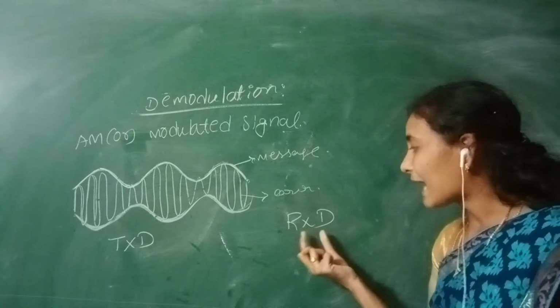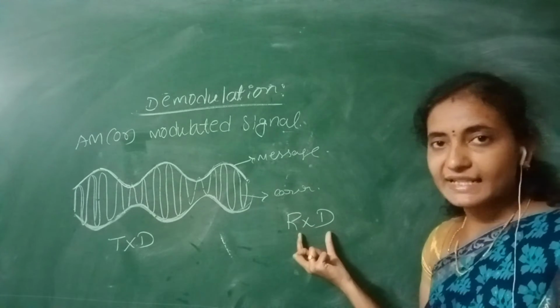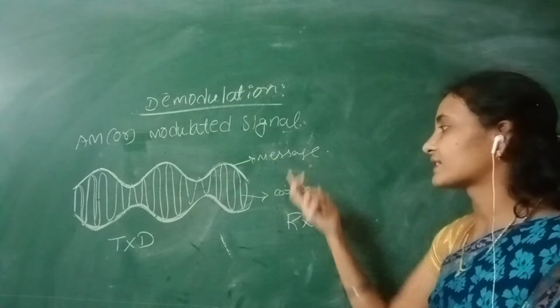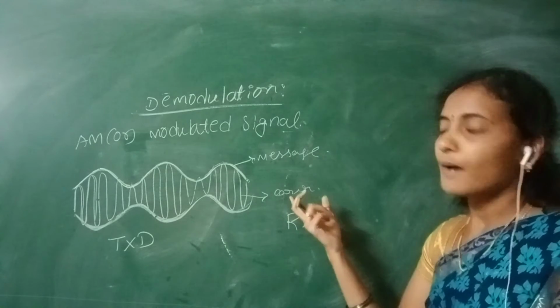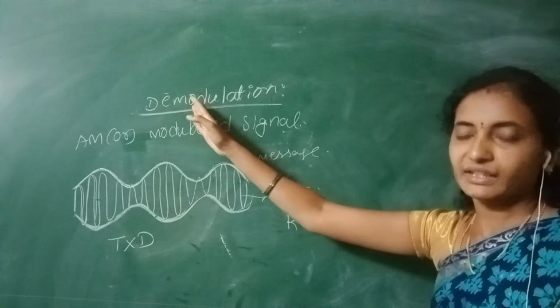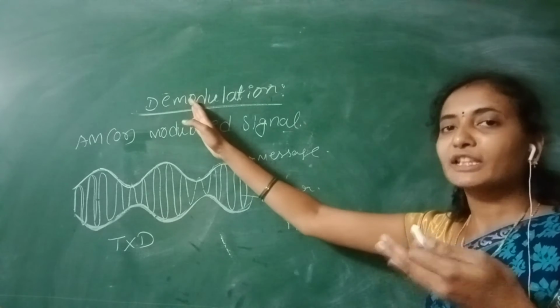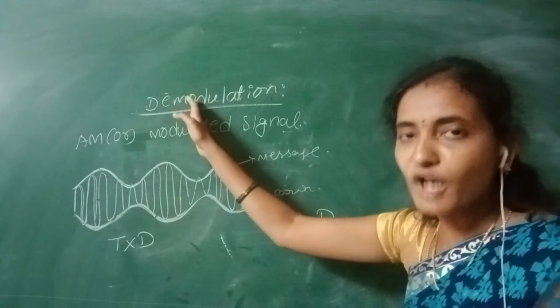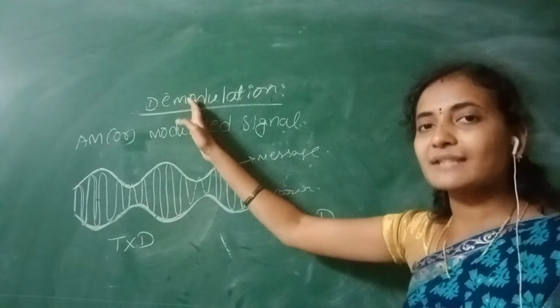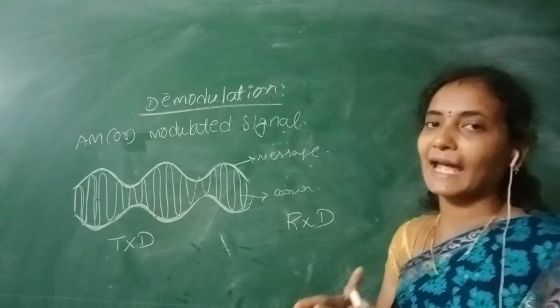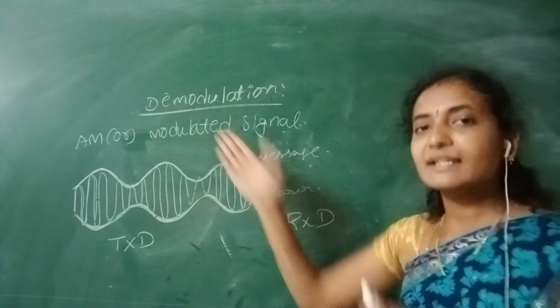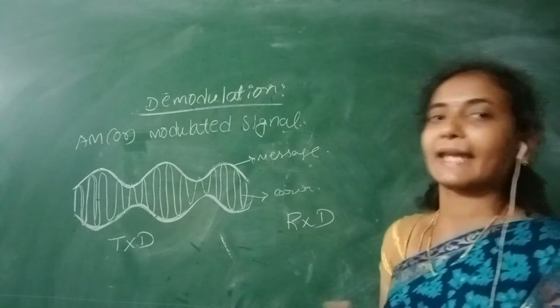At the receiver, we can separate message signal and carrier signal by using the demodulation technique. Demodulation is nothing but performing the operation opposite to modulation. Modulation means combining of message and carrier. Demodulation means separation of message and carrier.